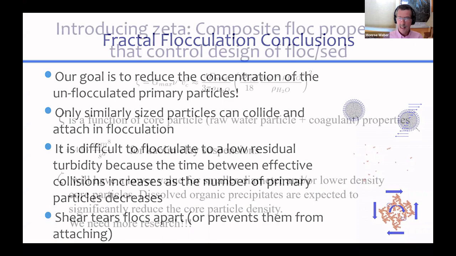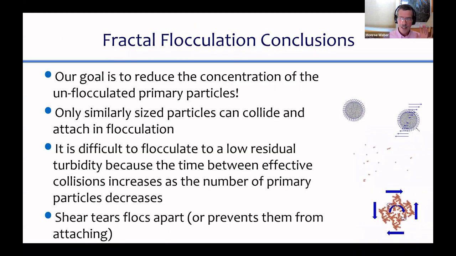Okay, so conclusions. Our goal is to reduce the concentration of the unflocculated primary particles. That's what we're trying to do in flocculation. Only similar sized particles can collide. And so as flocculation proceeds, there's two things happening. There's particles that are slowly growing in size as they're colliding with similar sized particles.